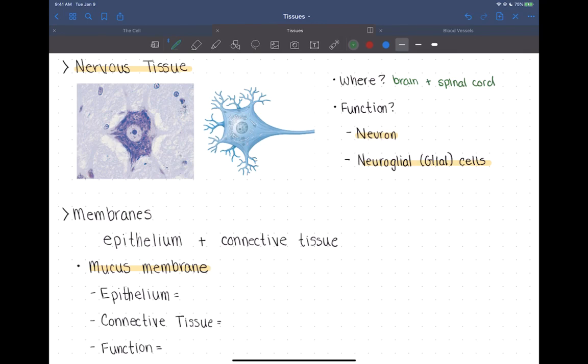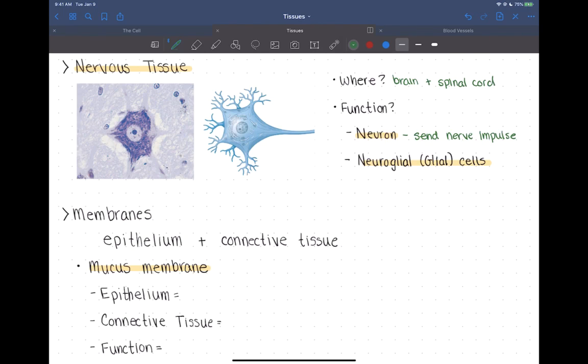The neurons themselves, that's the first type, are going to actually send that electrical information, so they send the nerve impulses. We're going to learn all about this later in the semester and how they talk to each other. But the neurons are what's doing the communicating. But also in nervous tissue, there are these other cells called neuroglial or glial cells.